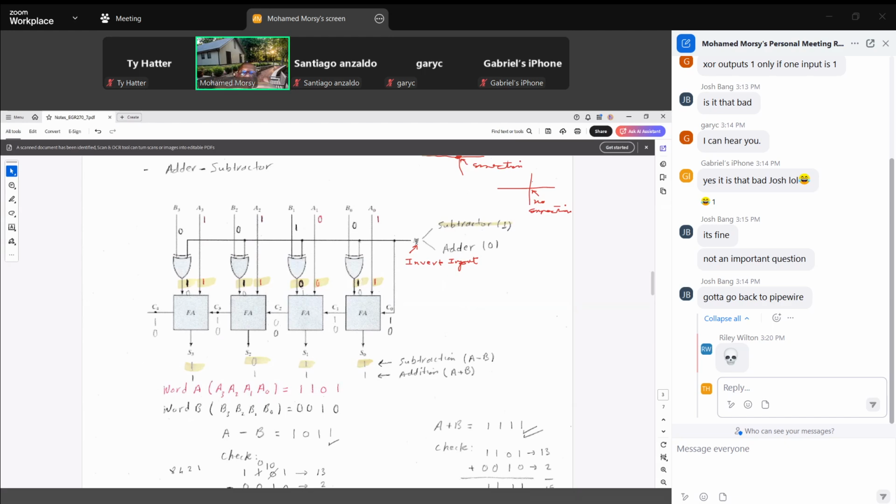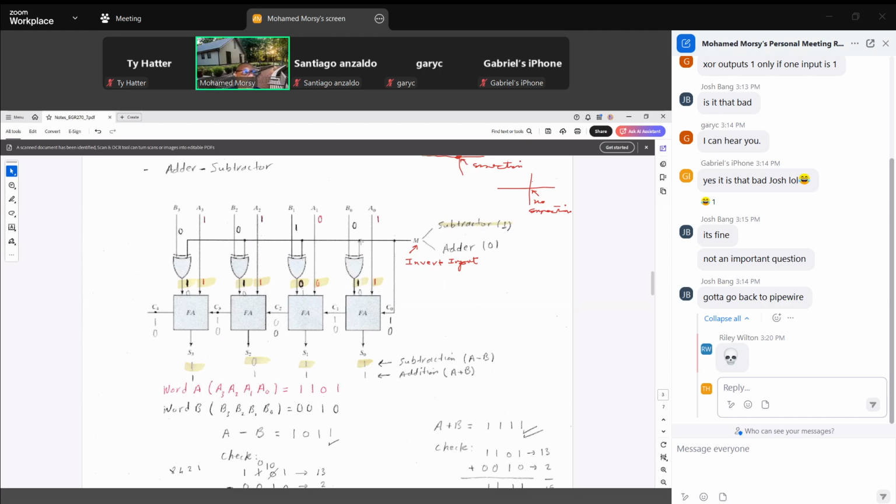If you remember, we just invert each bit in the positive number to get the negative correspondent. We need A minus B, so we need to invert the B word. So we apply 1 here, such that the 2 inputs go to this exclusive OR.